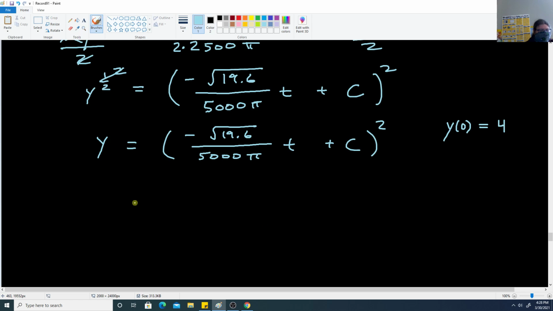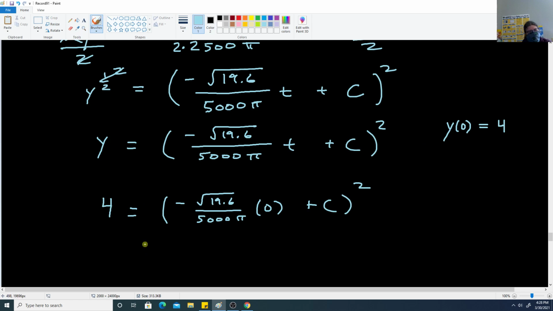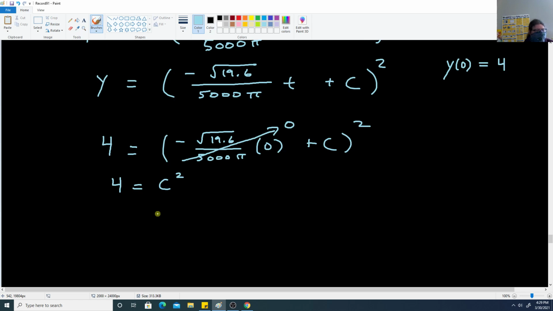So when my time is 0, if I plug 0 in for time here, that will equal 4, because my tank starts from full initially. 0 times whatever this number is, that whole bit is just 0. So I get 4 equals c squared. So we take the square root, so we get 2 equals our constant c.